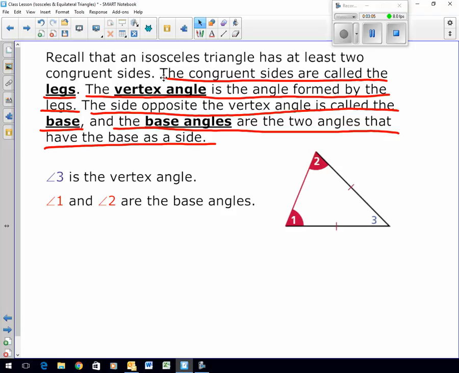Let's see how we're doing with all this. This takes us back to last week a little bit. The base side, I'll label it for you guys. Call this A, B, and C. Let me change my question. Which sides are the legs here?